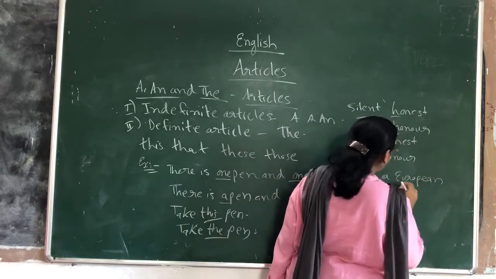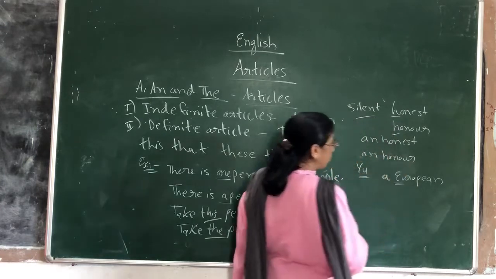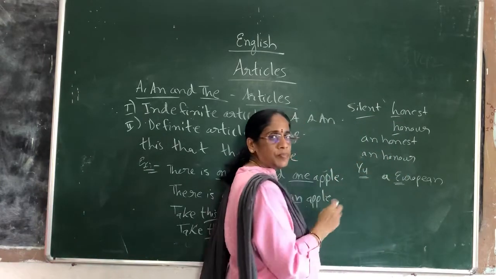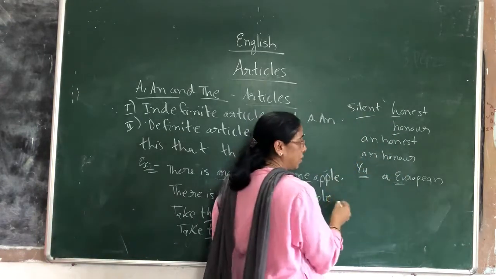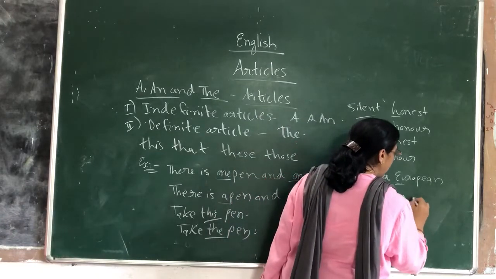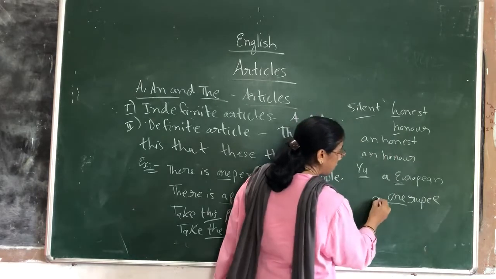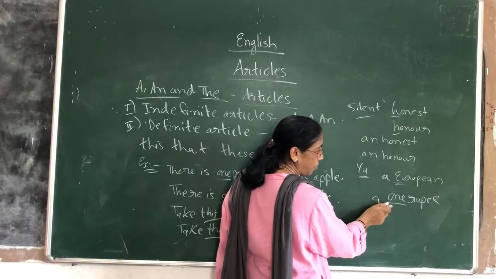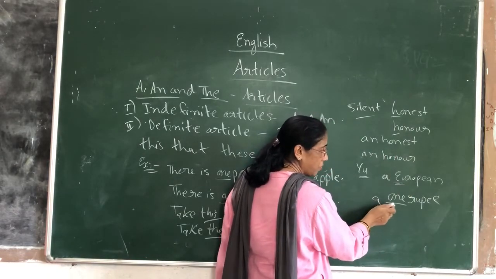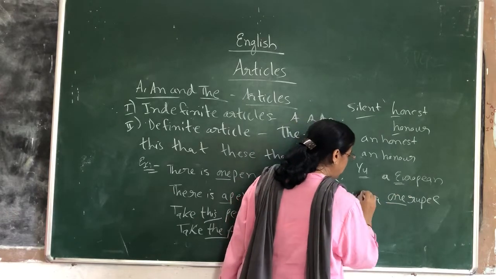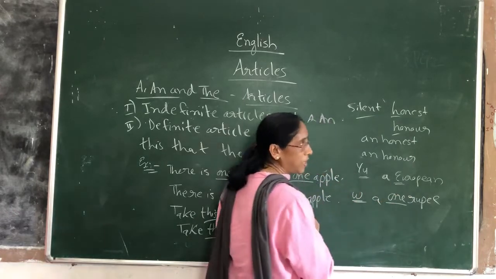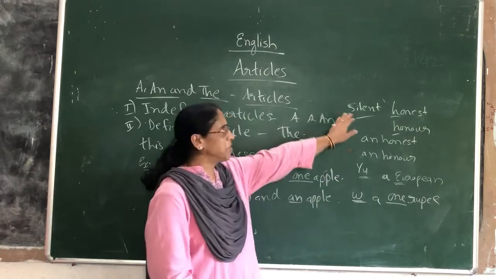Because even though it is starting with U, the yu sound is used here. In the same way, a one rupee. Even though it is starting with O, which is a vowel, the W sound is there. So a one rupee. These are exceptions, like exceptional cases will be there.